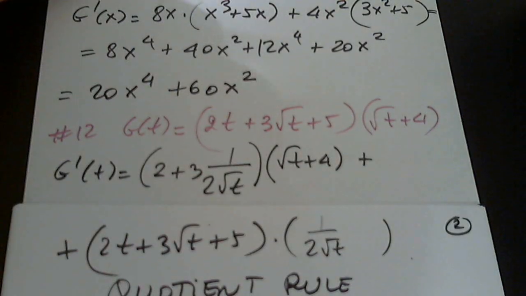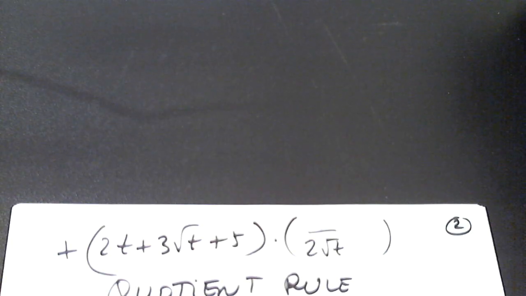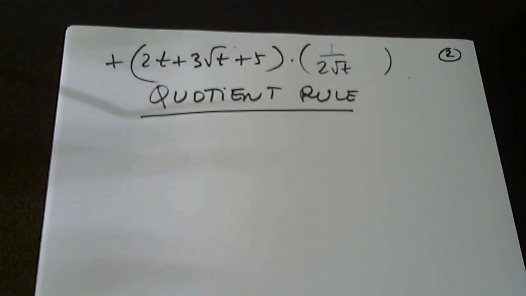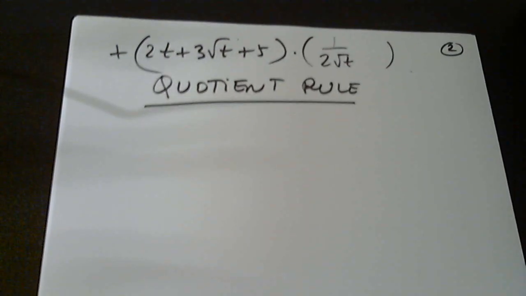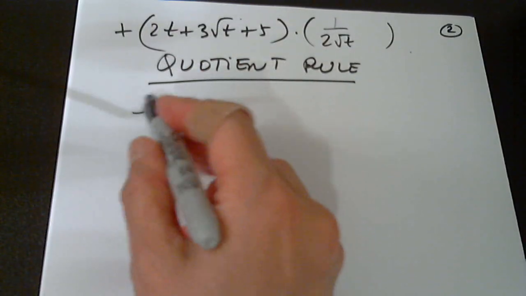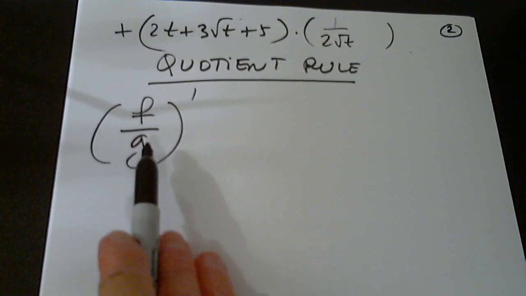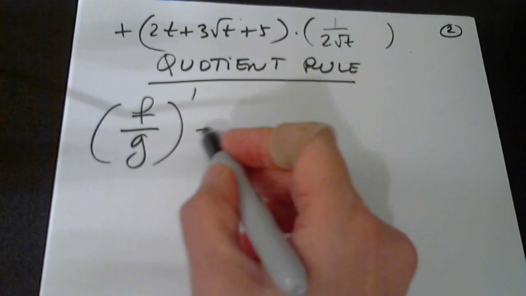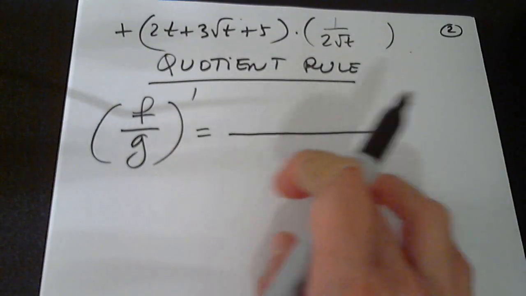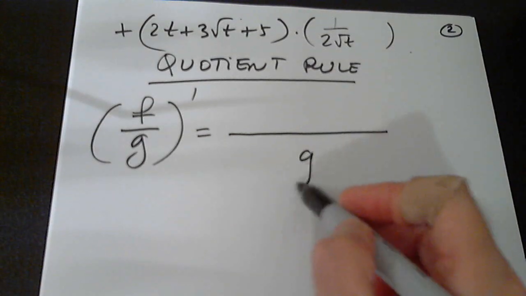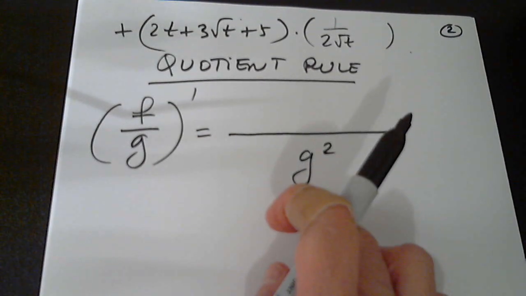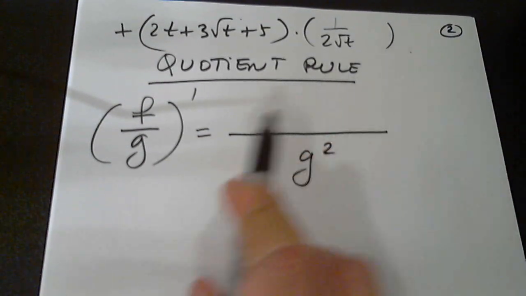Okay, so the quotient rule is very similar to the product rule, and I'll explain why I say that. When you have a function divided by another function, the denominator of this fraction is simply g squared, nothing else.